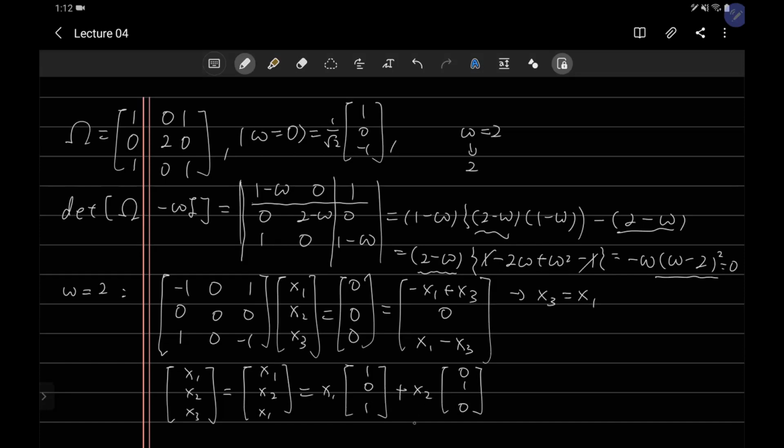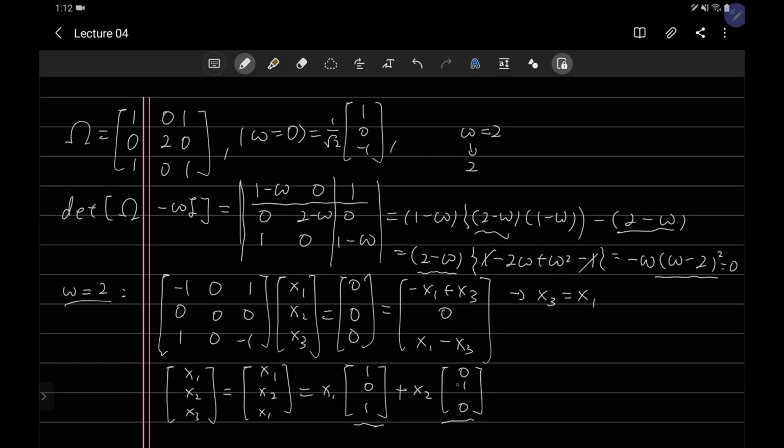That means the solution of the eigenvector problem with this eigenvalue forms a vector space, and that vector space is spanned by these two basis vectors. These two basis vectors are linearly independent.